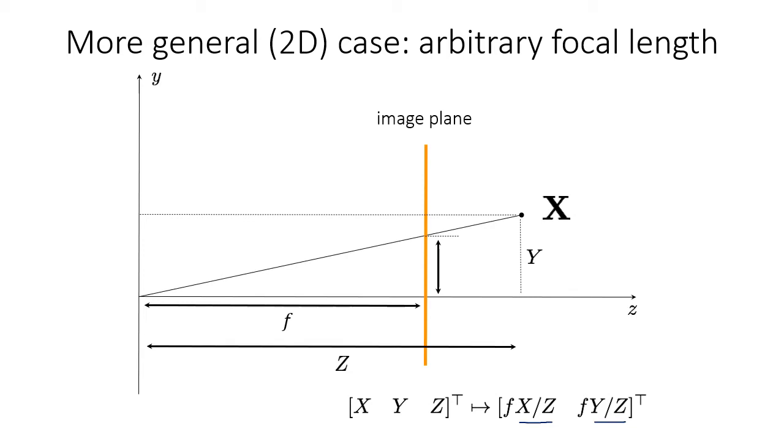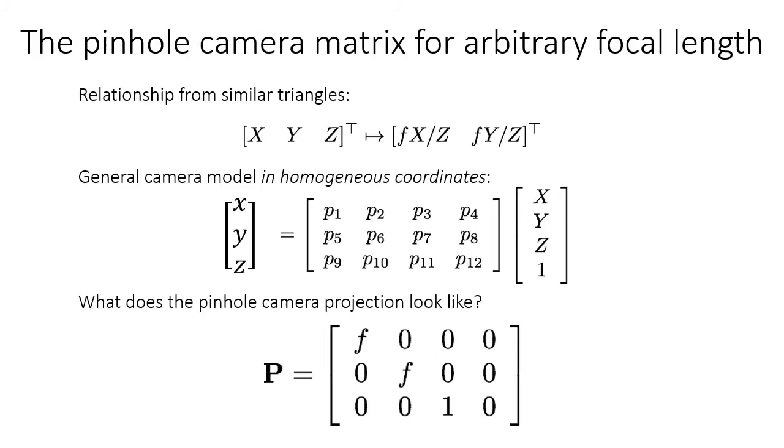So the value of this mapping point in the image plane is f multiplied by x over g and f multiplied by y over g. So the relationship from triangles is changed as shown here.